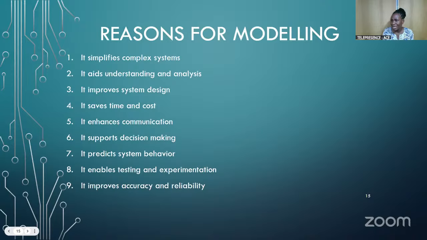When we're talking about how we solve problems, you need to break it down. If you don't break it down, you won't easily have the solution because it will be so cumbersome for you, and at the end of the day, you will give up even before starting. So that is why they always say that if you don't know where to start, start from the beginning. So when you are modeling, it aids understanding and analysis.